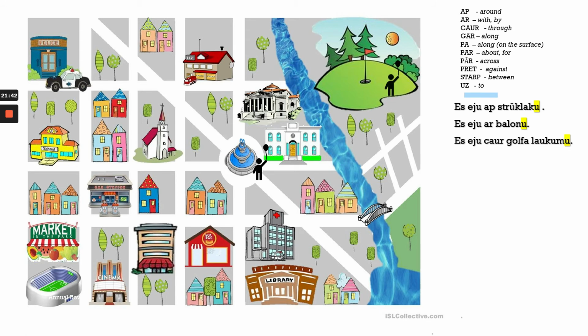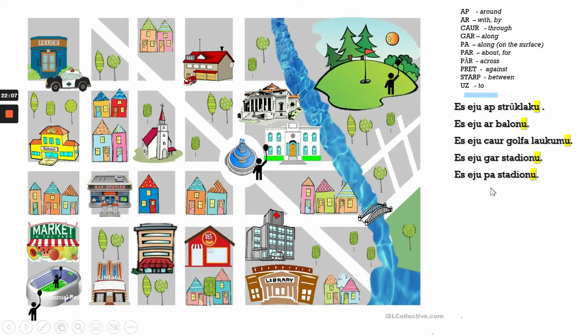Es eju caur golfa laukumu. So I'm walking through the golf field. Es eju gar stadionu. So I'm not in the stadium, I am nearby and passing by. Es eju pa stadionu. So now I'm inside the stadium, on the surface, and I walk there.